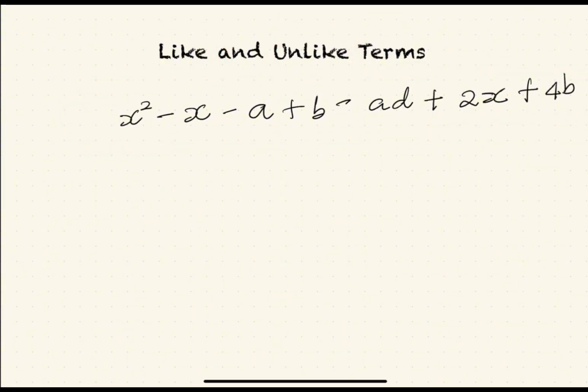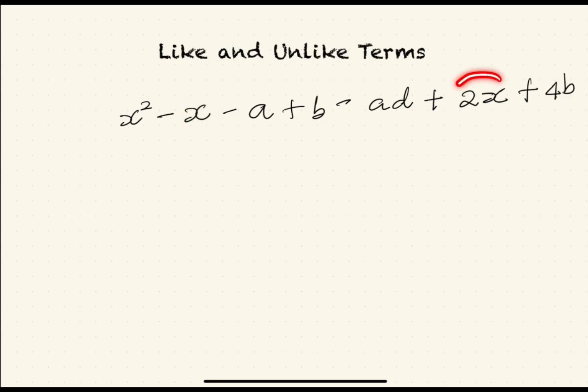When we talk about like terms, these are the expressions that have the same letter. What we mean by the same letter is that they are technically in the same family. For example, when we have an x in this case, we also have to look for an expression that has a single x.